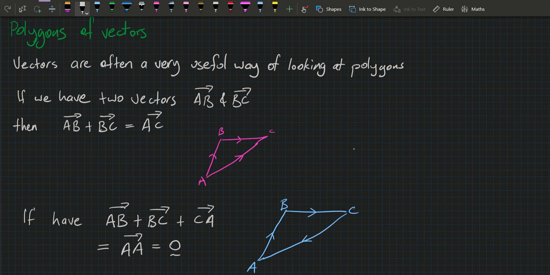Then AB plus BC equals AC, because A to B plus B to C equals A to C. Okay, and we're going to use that same principle again. So that means that B to C is going to equal AC, and I just have to subtract the A to B over to the other side, and that's what B to C equals.